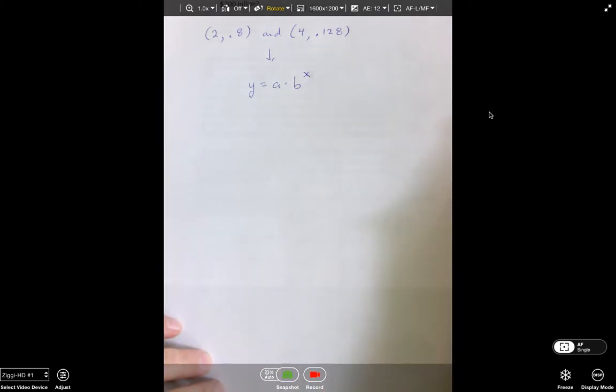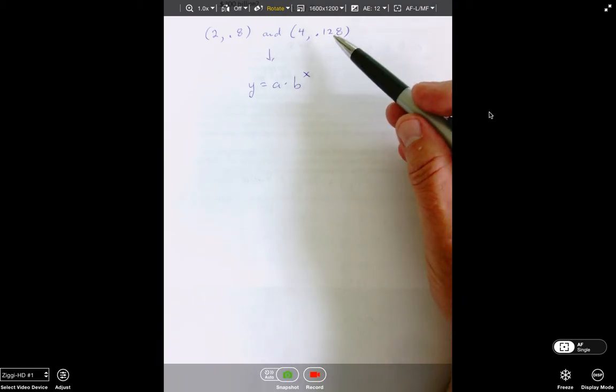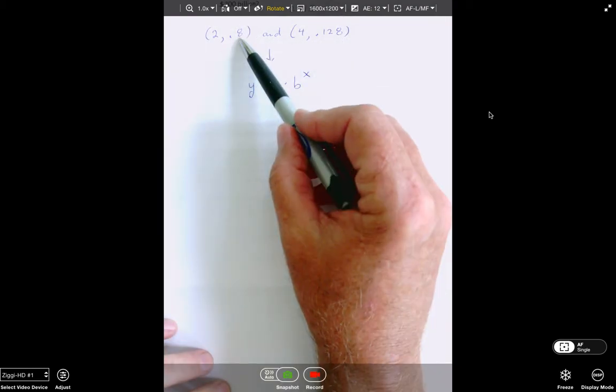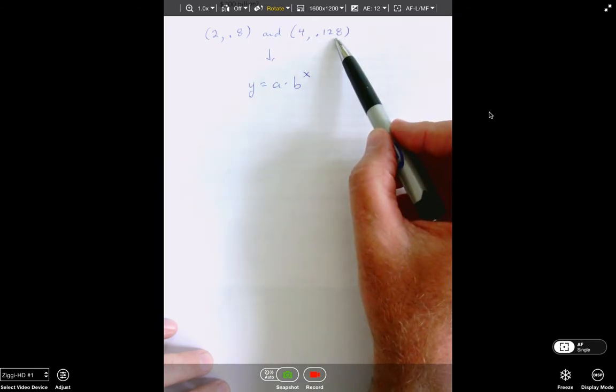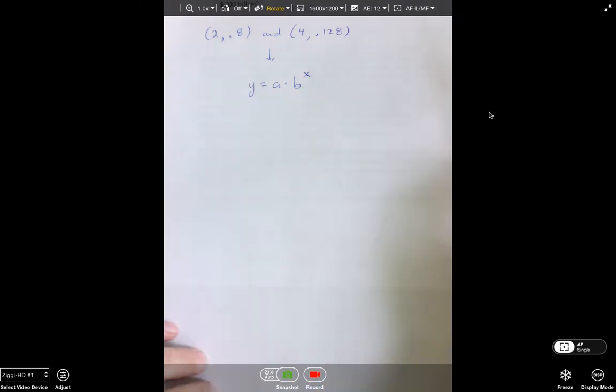Now, I told you a hint many videos ago, start with the biggest number. Well, this is kind of weird because which is bigger? 0.8 is bigger than 0.128, but 4 is bigger than 2.